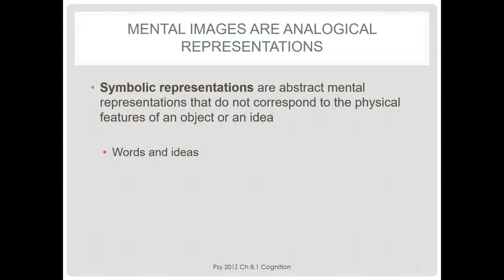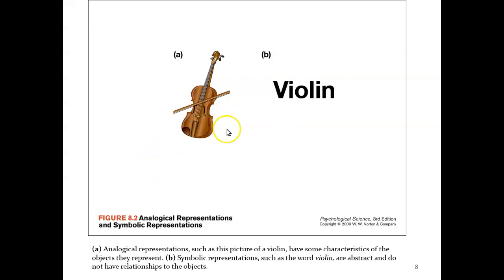Then we come to symbolic representations, which are abstract mental representations that don't correspond to the physical features of an object or idea. So with symbolic representations, we're not using visual imagery at all. Things like words and ideas are going to be symbolic representations.